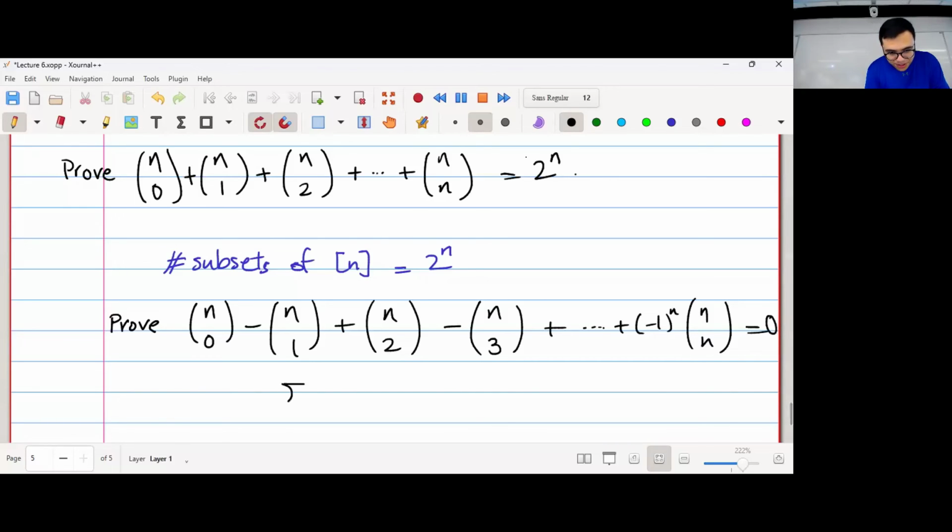More specifically, I want the sum of I from 0 to n of minus 1 to the power of I times n choose I, and I want to say this is 0.